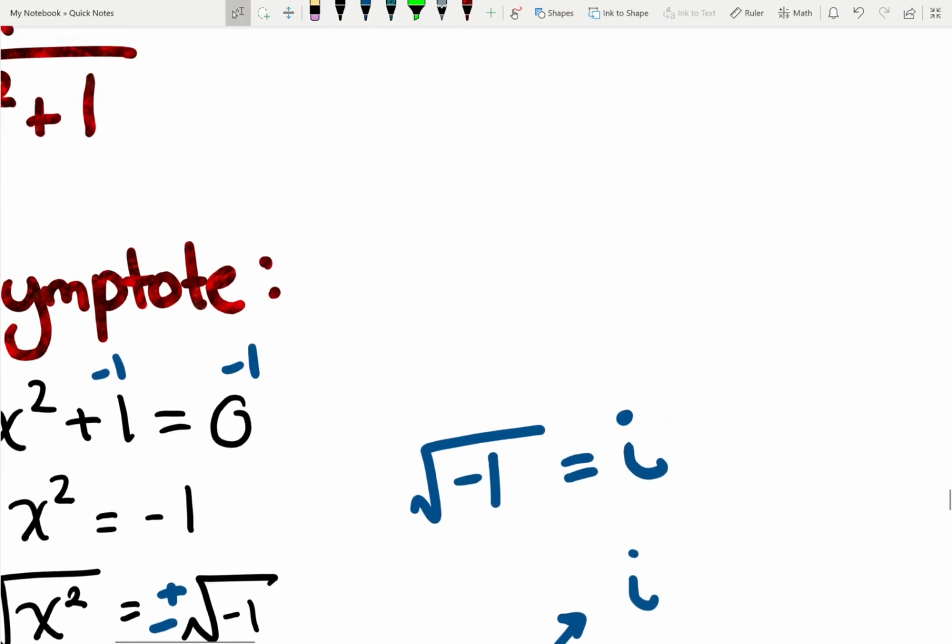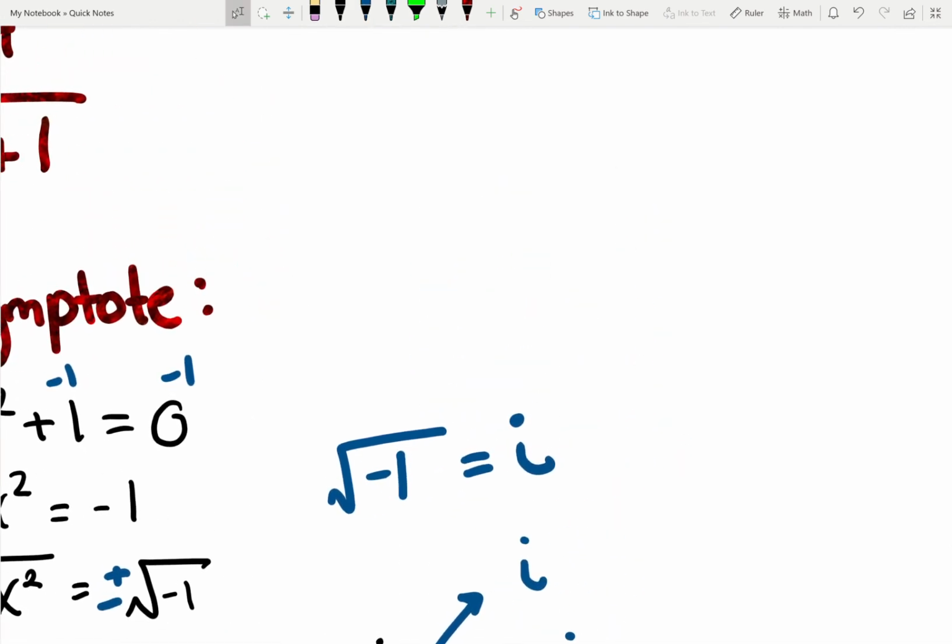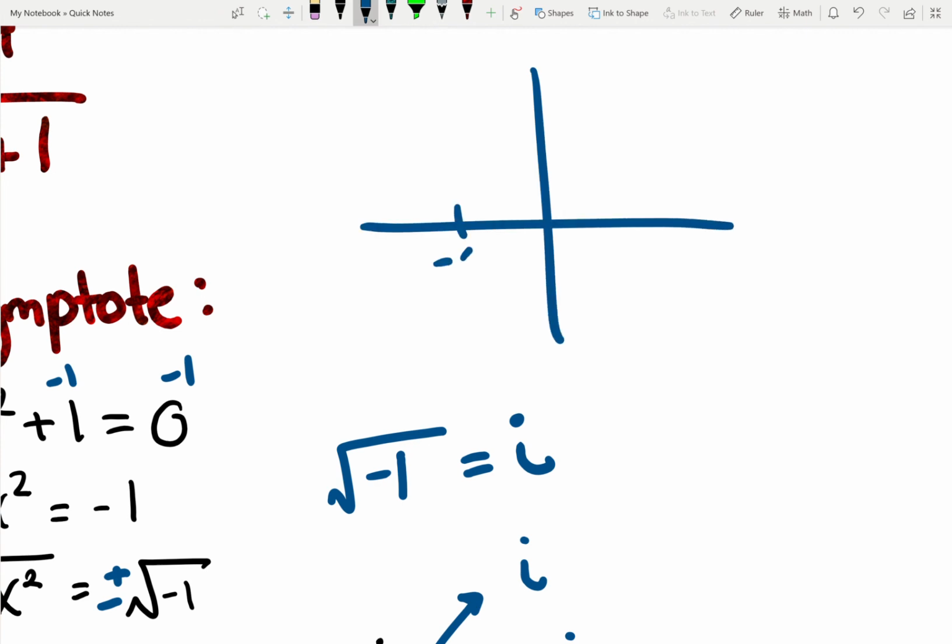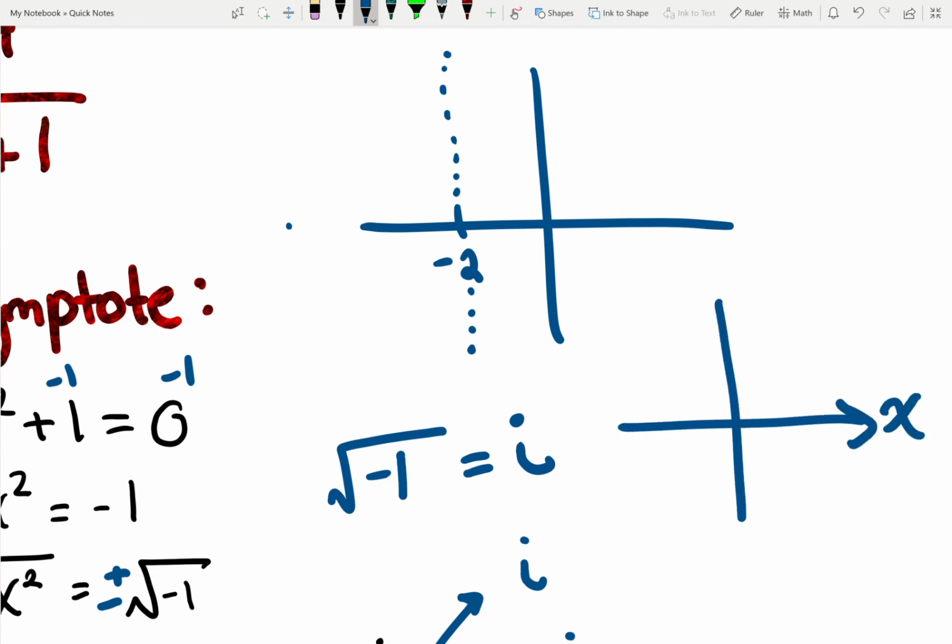So remember before, if we found out that the vertical asymptote was at minus 2, we found minus 2 on the x-axis and we drew an invisible line. So the question here is, I'm looking at my x-axis and I'm trying to find where i is.